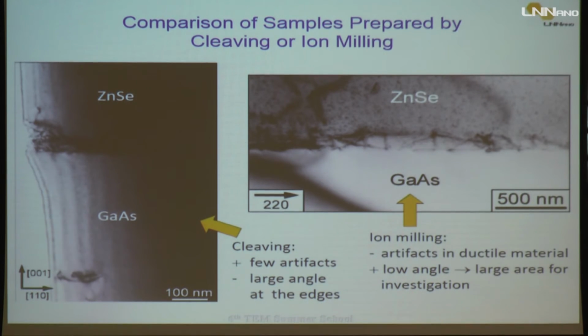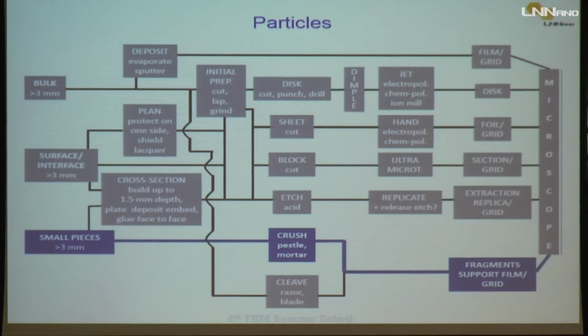But in the case of ion milling, you have a very large area for investigation. This is very good, very important. But you have artifacts in ductile materials, all the artifacts that I'm mentioning related with change of the structure of the material. Okay? Now we go to the small pieces, to the particles.